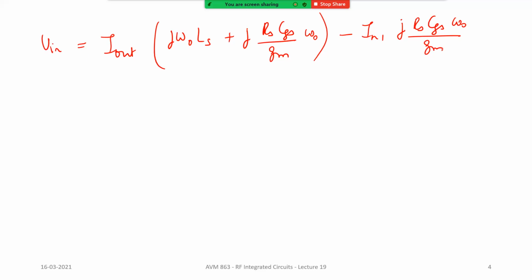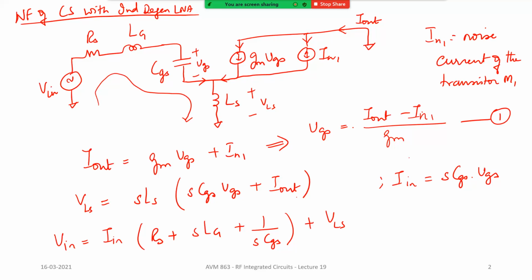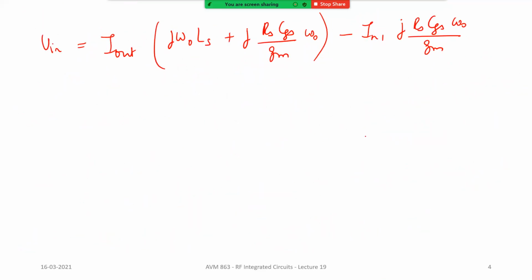Okay. Now looking at this equation, you are writing it in the absence of noise. Okay. We wrote the entire small signal model. So if you for a moment consider that there is no noise, then what happens? This term goes out of the picture. Now what do you have? Left hand side is V in, right hand side is some constant times I out.